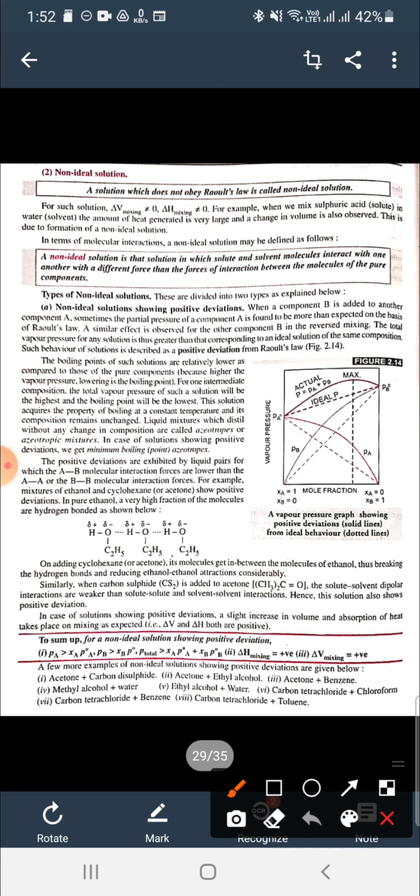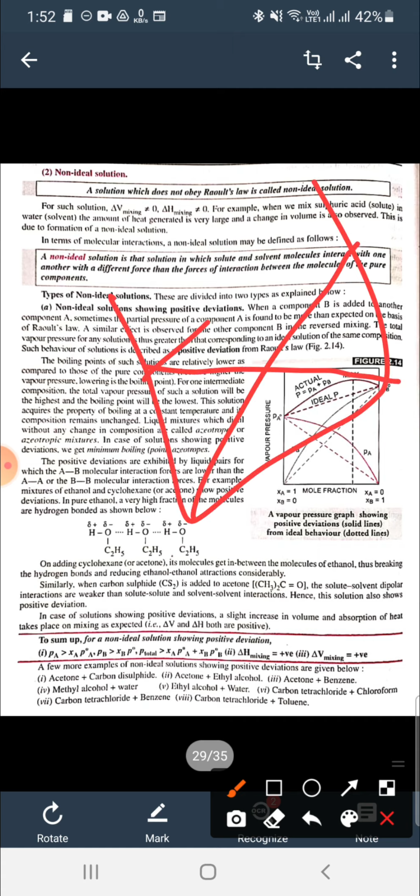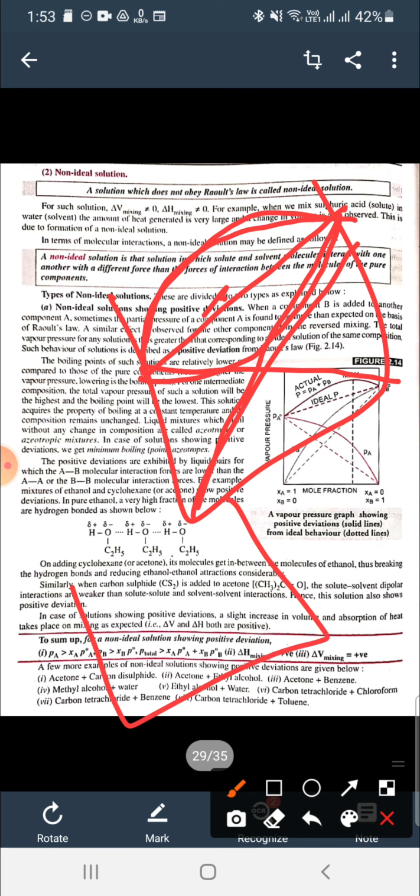Positive deviation means that, according to Raoult's law, the equations follow this path and an ideal solution will follow this path, but sometimes the solutions go upwards, or sometimes downwards. We presume the vapor pressure will be in accordance with this curve, but sometimes it does not follow.